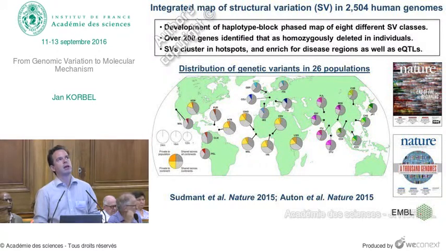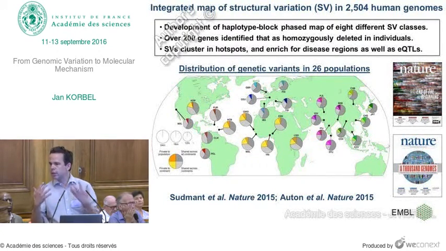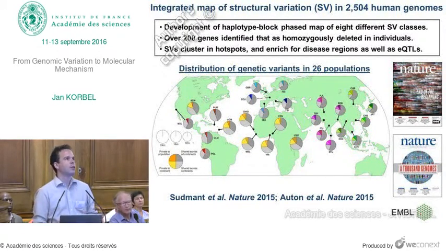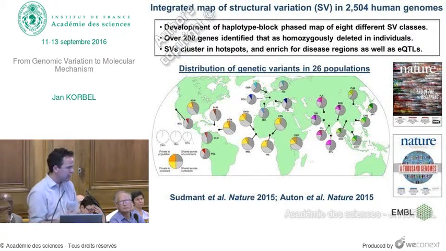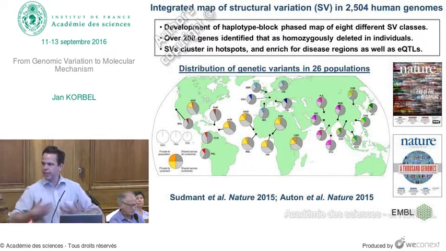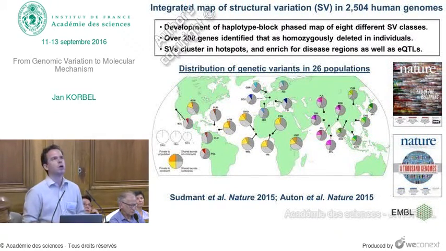We've also made a number of interesting discoveries with the data from 2,500 human genomes recently. For instance, identifying 200 different human genes that appear to be entirely missing in some individuals, not all at once, but some of these are missing in some people, indicating some sort of redundancy in our genome that's probably a bit higher than previously assumed.